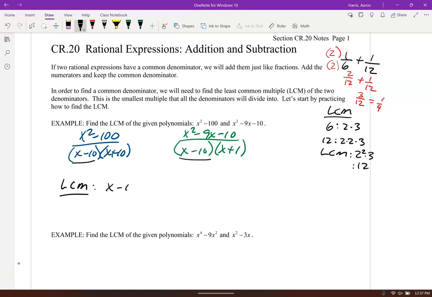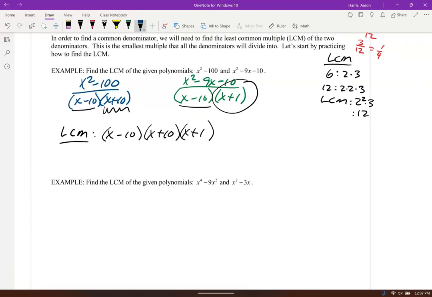So that's the max that I have of those. I just have one of those. Notice the x squared minus 100 has an x plus 10, so I have to give it an x plus 10, and then this one over here also has an x plus 1 factor. So there's my least common multiple of those two polynomials.